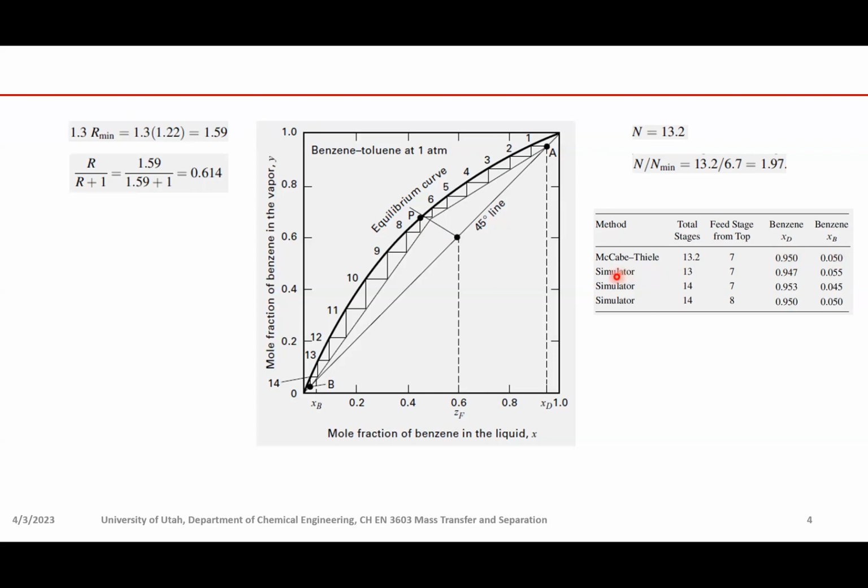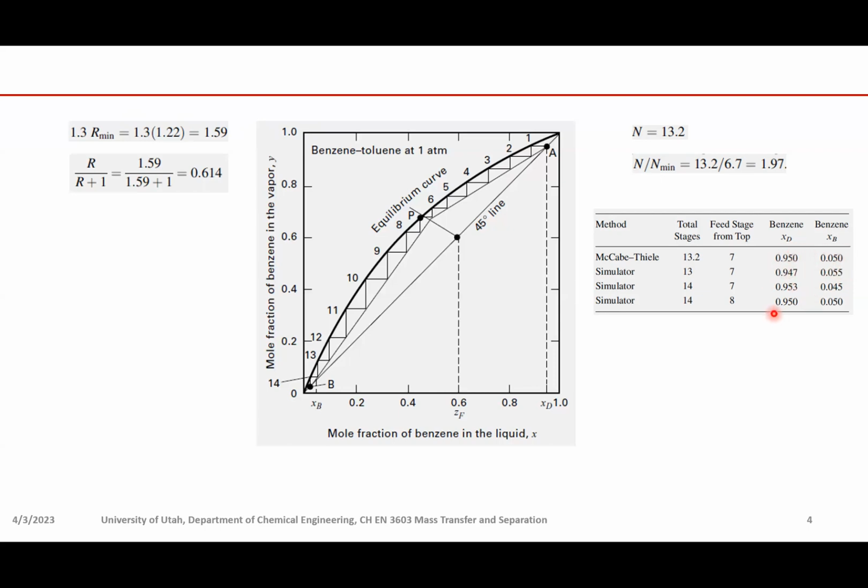In the process simulator, you input the number of stages and the feed location, and it will give you the distillate composition and the bottom composition. As we can see, if you input an integer number of stages, it gives you a distillate and bottom composition that's very close to our design target.